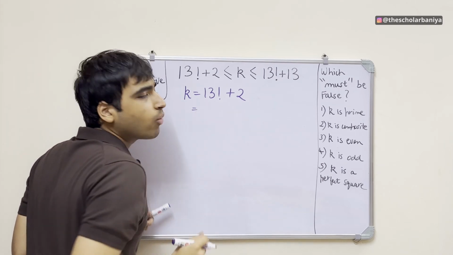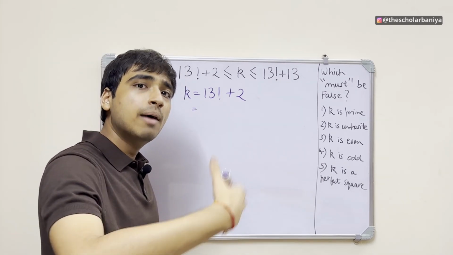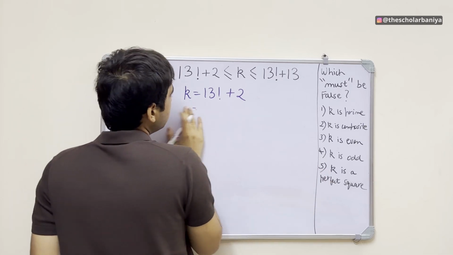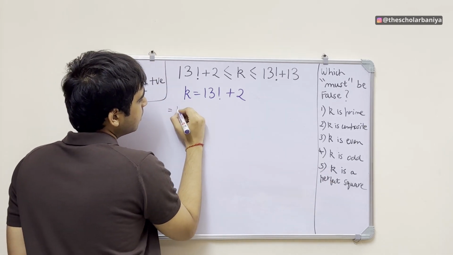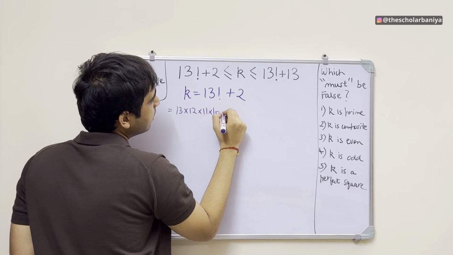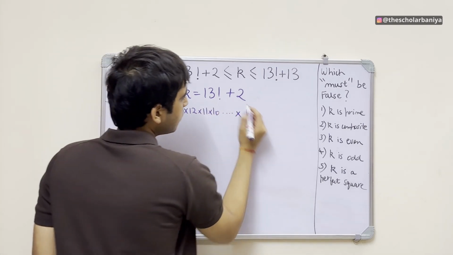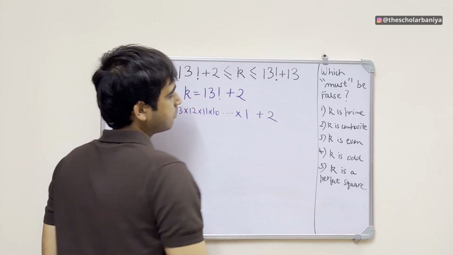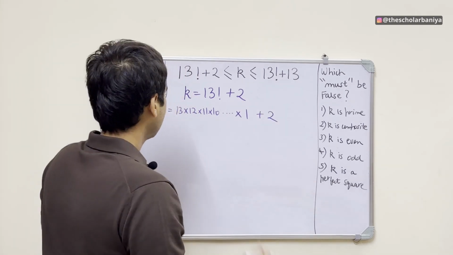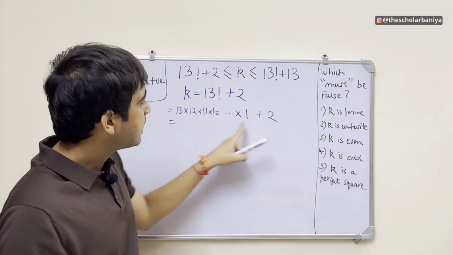Now tell me one thing, what is 13 factorial? 13 factorial is 13 into 12 into 11 into 10 up to 1, right? So we can write this as 13 into 12 into 11 into 10 up to 1, plus 2. So tell me one thing, can I take 2 common from the entire thing?